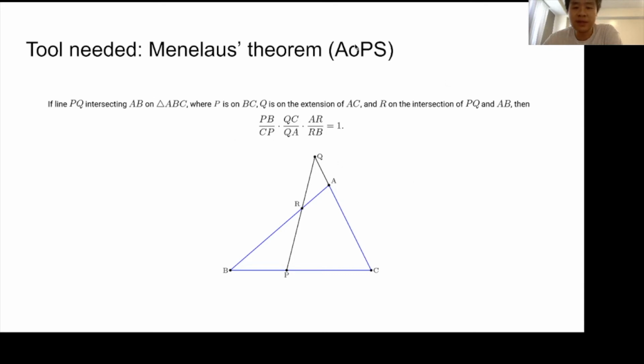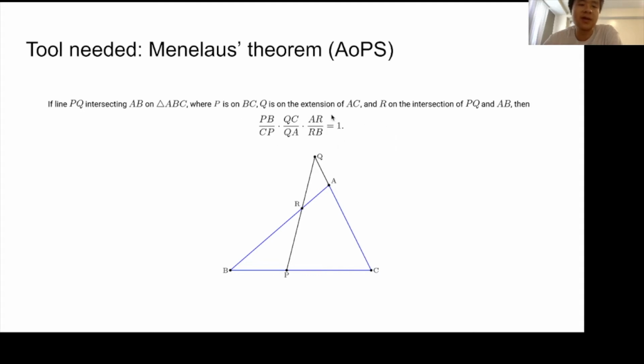This screenshot was taken from the website The Art of Problem Solving, and it basically says that if you have a triangle, and you have 3 points, each of them lying on a different side of the triangle, and these 3 points are collinear, meaning they lie on the same line, then you have this equation.